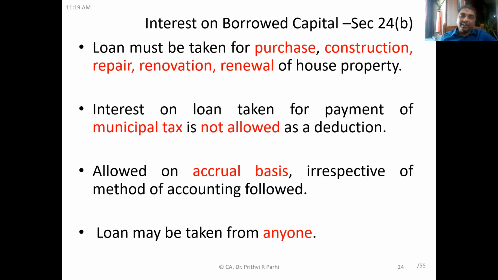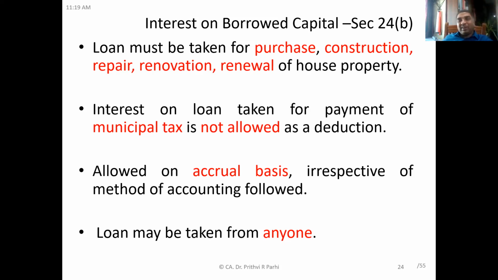Interest on a loan taken for purchase, construction, repair, renovation, or renewal of the house will be allowed as deduction. But interest on a loan taken for payment of municipal taxes will not be allowed as a deduction.